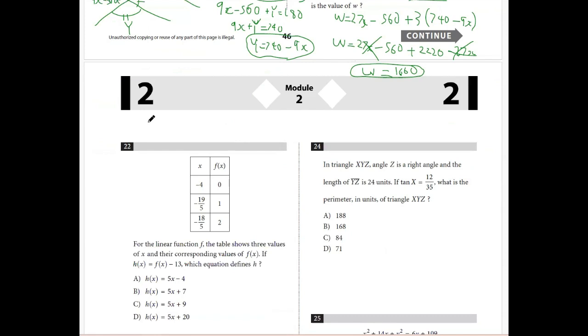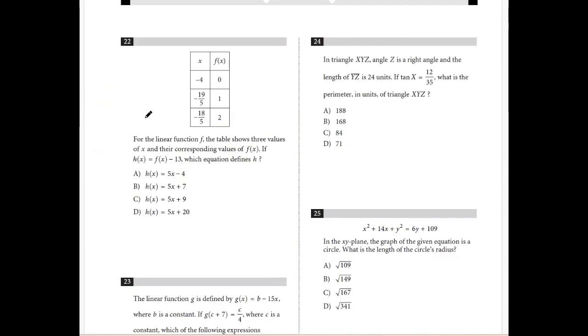And moving on to question 22. For the linear function f, the table shows three values of x and their corresponding values of fx. If hx is equal to fx minus 13, which equation defines h? Okay, so we're gonna go ahead and get the slope. I'm gonna pick these 2 points here.